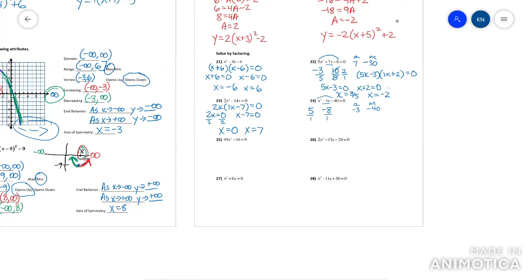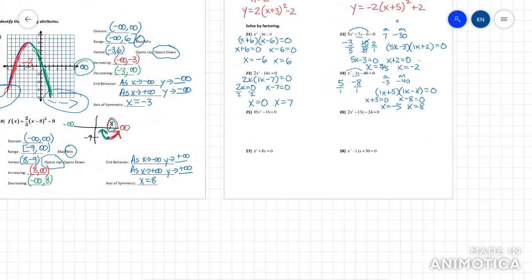Then you write it in factored form, so bottom number x, top number. Set each factor equal to 0 and solve. You would get your answers of x equals -5 and x equals 8, like that.